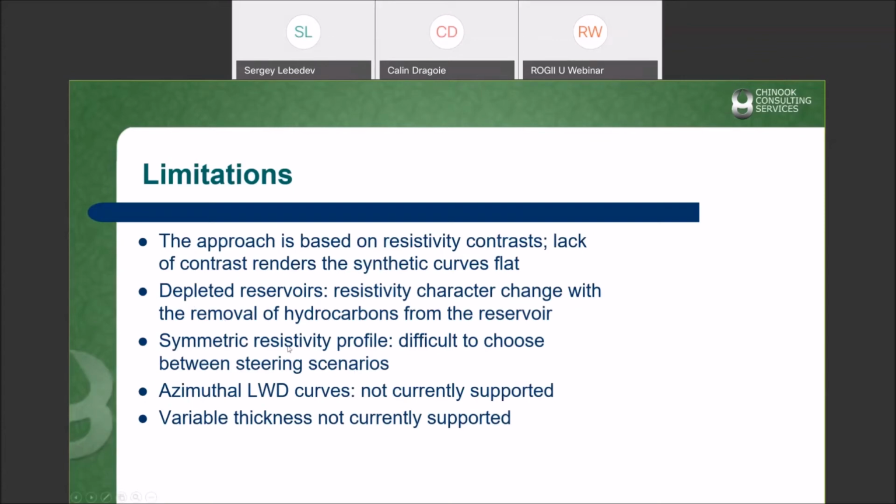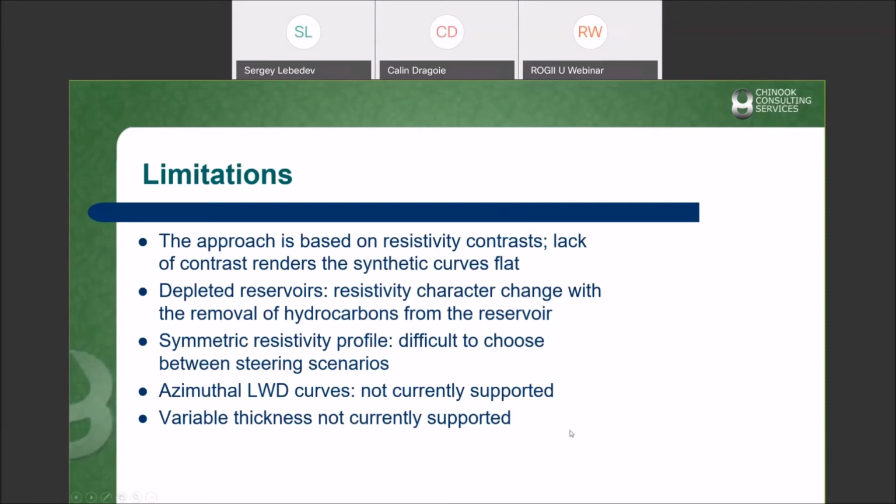Another potential problem, I talked a little bit about that: symmetric resistivity profiles. This is where azimuthal resistivity readings are extremely valuable, and that would be the solution to this problem. Azimuthal gamma, not yet supported. Sergey may have an update about that. Variable thickness, not yet supported.